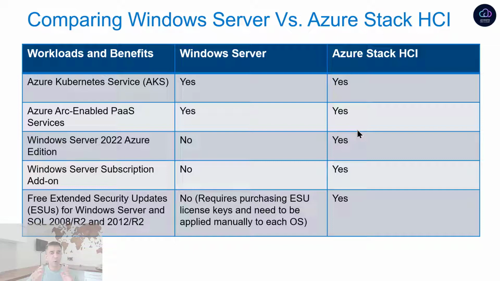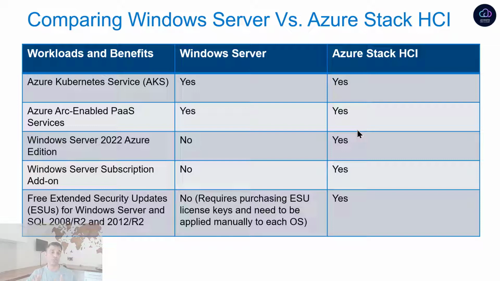So what are some of the benefits of the Windows Server 2022 Azure Edition? With this, customers will be able to do hot patching, which means without requiring a reboot. It supports SMB over QUIC. QUIC is the transfer protocol which was developed by Google in 2012. Then also Extend Network for Azure.